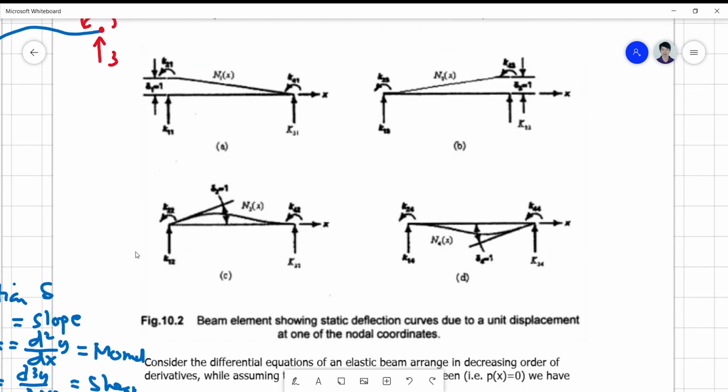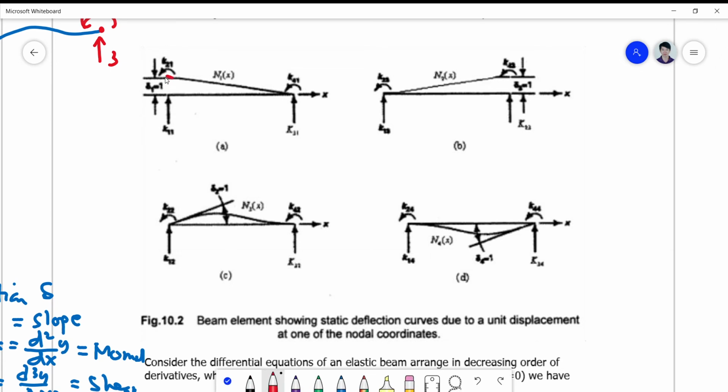So the beam elements are now shown in terms of their elastic curves due to a unit displacement. So your unit displacement here is 1 translational.